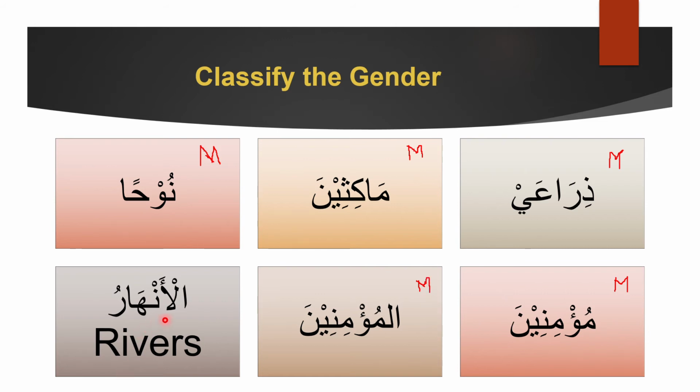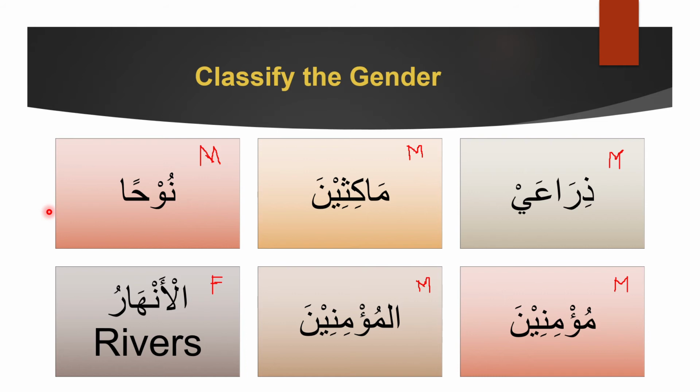Now, al-anharu, we have already established that this is a broken plural and it's a non-human broken plural, so this is definitely feminine. I might be going too fast, guys, so you can just pause the video before I give you the answers. Pause the video, come to your own conclusions, then see what I've said. I should have told you this before, but yeah, just do that.